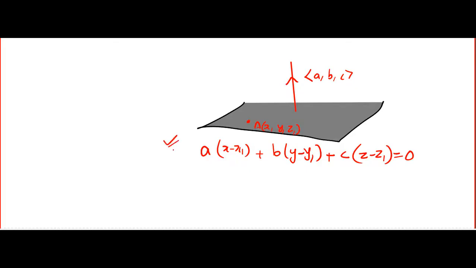Anyway, this is something very important. You can note it down. So basically this is the point and normal direction form. So what is this? Point and the normal direction will be given.